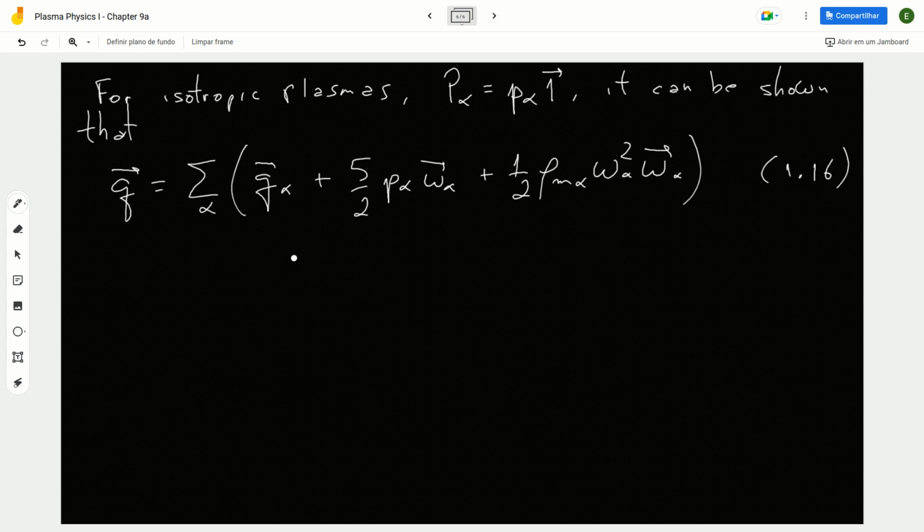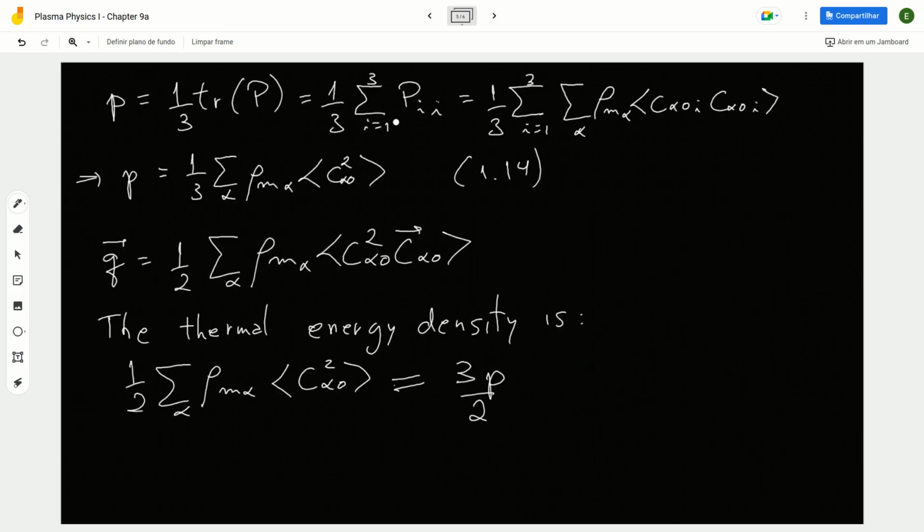Which is an expression that you'll have to check, equation 1.22 in the book. I'll not derive this equation, so you go check how he derived this one in the book.